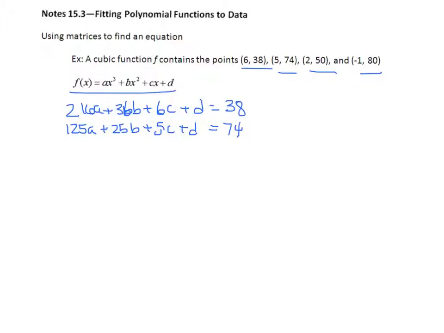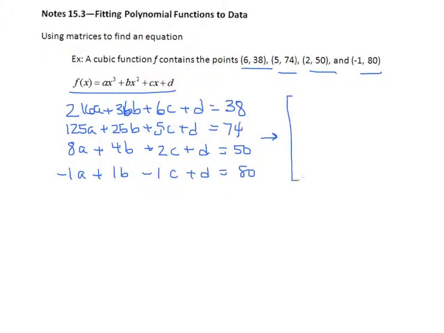And then we do it with 2, so 2 cubed is 8, 8a plus 4b plus 2c plus d equals 50. And lastly, negative 1 cubed is negative 1, so we have negative 1a plus 1b minus 1c plus d equals 80. And then we turn that into a matrix by pulling out the coefficients.